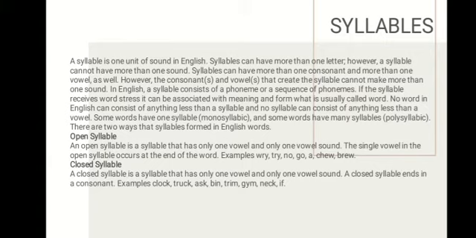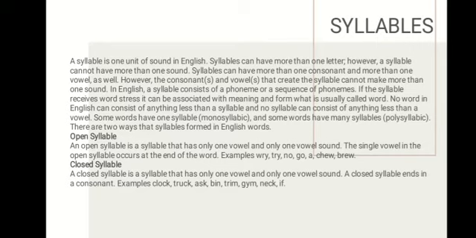In English, a syllable consists of a phoneme or a sequence of phonemes. No word in English can consist of anything less than a syllable, and no syllable can consist of anything less than a vowel. Some words have one syllable or monosyllabic, and some words have many syllables or polysyllabic.